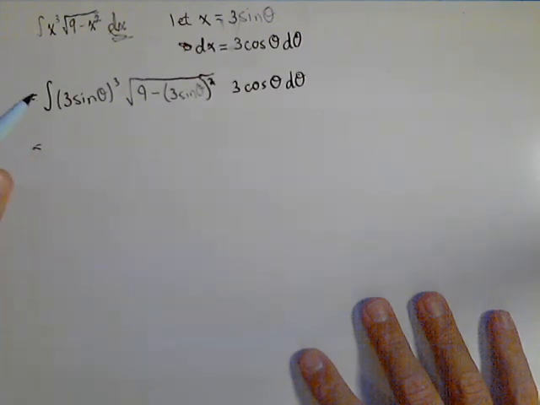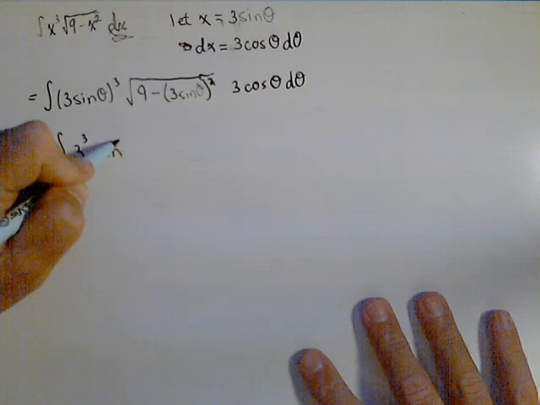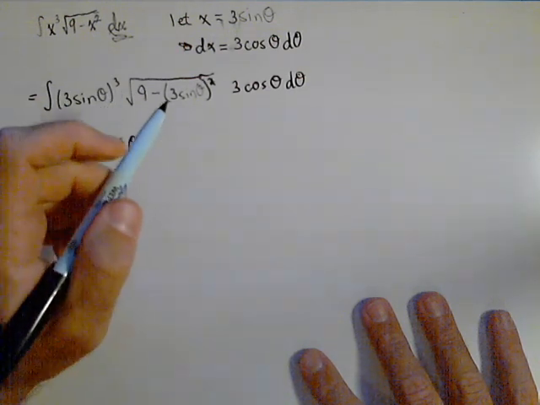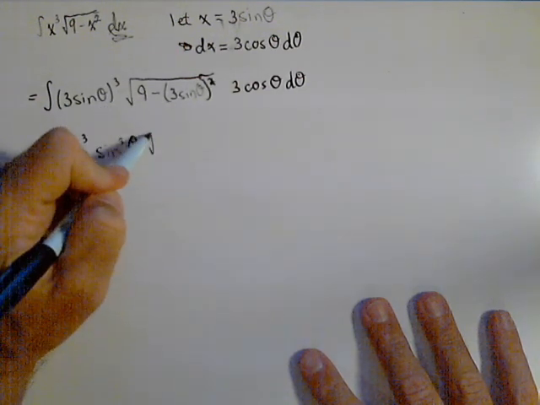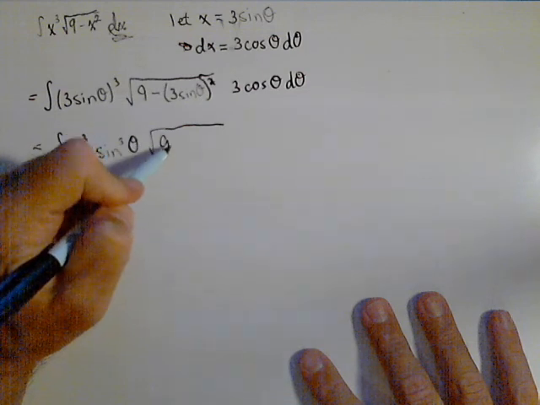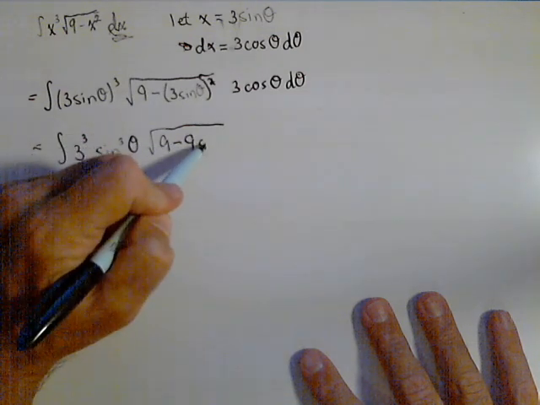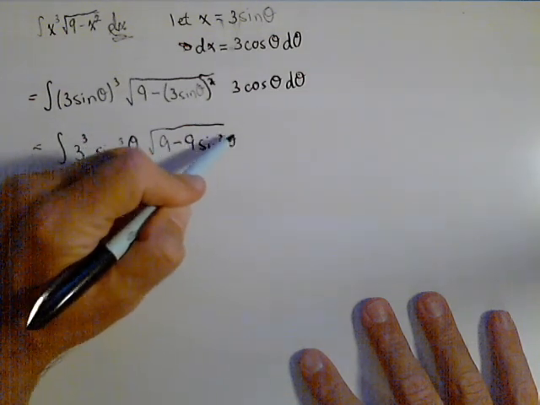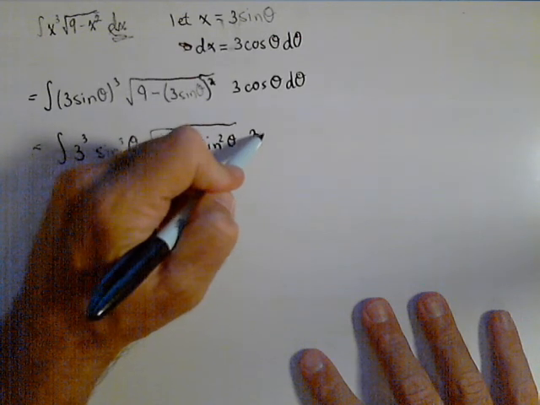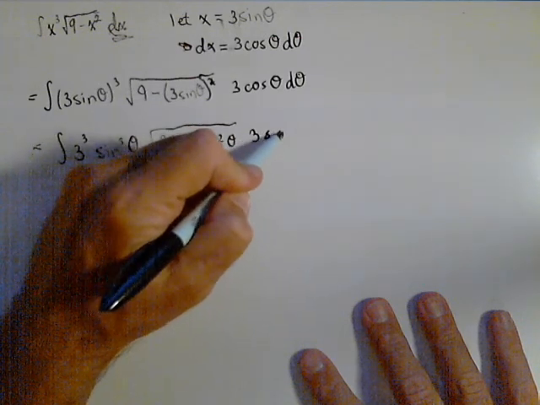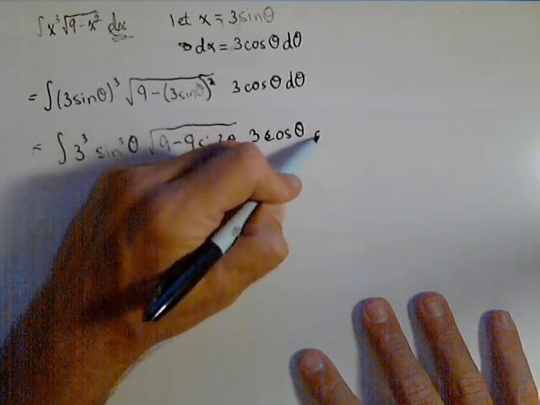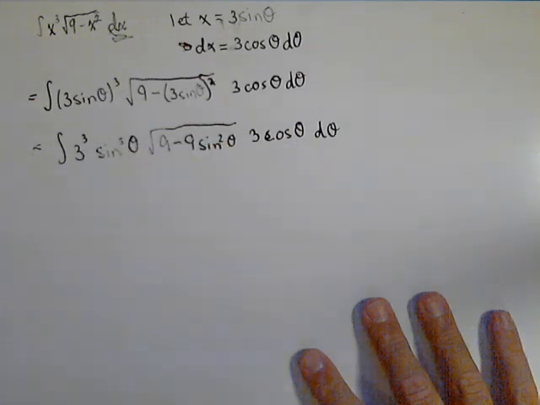Now we got a lot of simplifying we can do. So first off, let's start in the front. We'll have 3 cubed sine cubed theta. In here we're going to have square root of 9 minus 9 sine squared theta. And here we have a 3 cosine theta d theta.